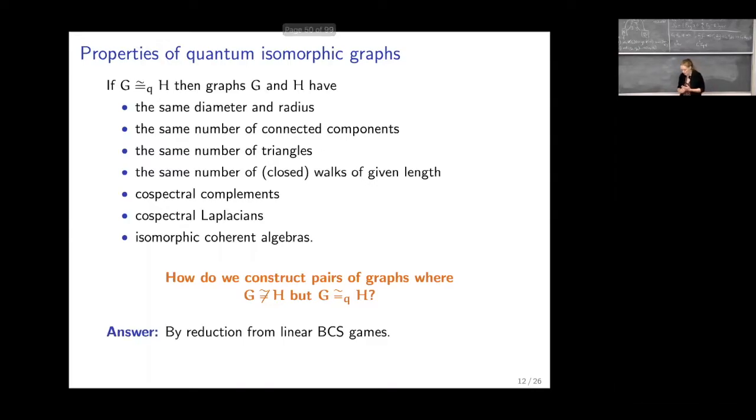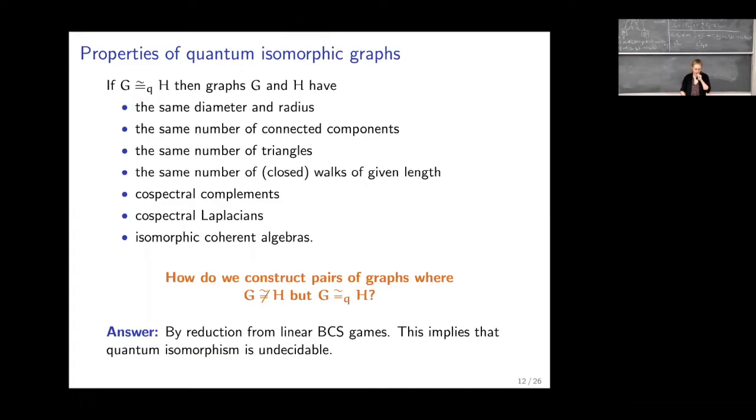So we now know how to obtain examples by reduction. What we did is we took some nice class of non-local games where there's a quantum-classical separation, and we found a way to translate this particular class of games into graphs. So whenever there's a pair of games like that, I can obtain a pair of graphs that are different, but quantum isomorphic.